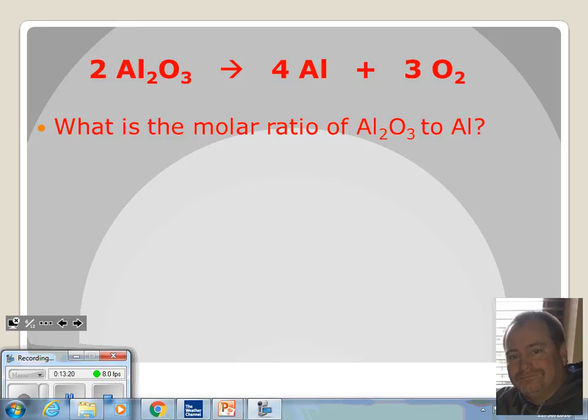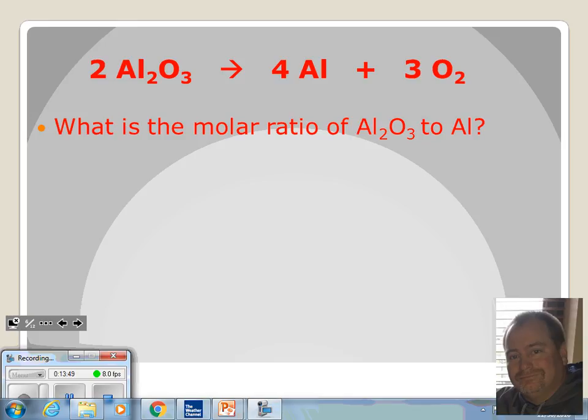So what are some of the things that I know from this? Well, we know all of the elements involved, right? We know we have aluminum and oxygen involved in this reaction. What type of reaction is that? A decomposition reaction. We could get the masses of all the different ones by the periodic table.